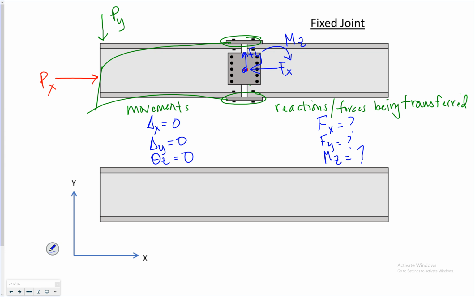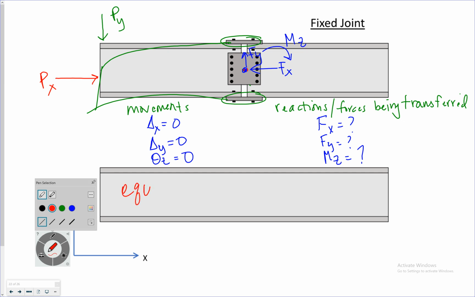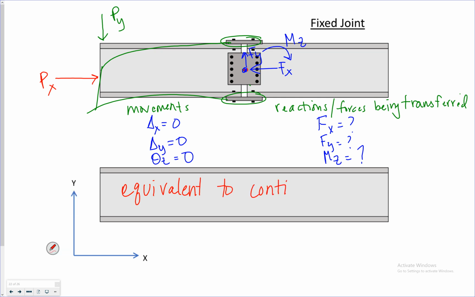So if you connect two beams like this, it's basically analogous or equivalent to a continuous beam. This type of joint is often found at column splices.